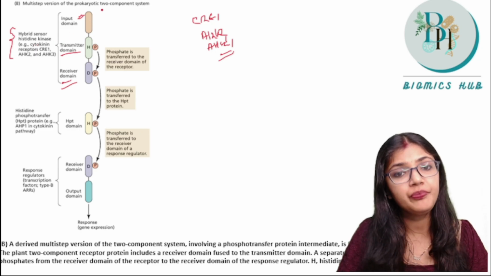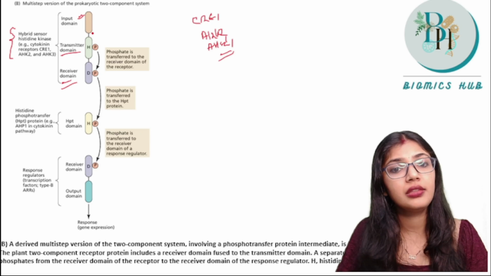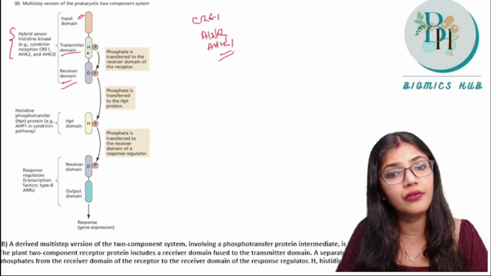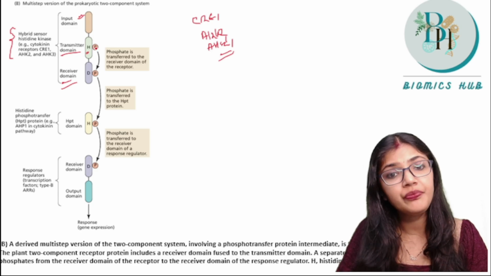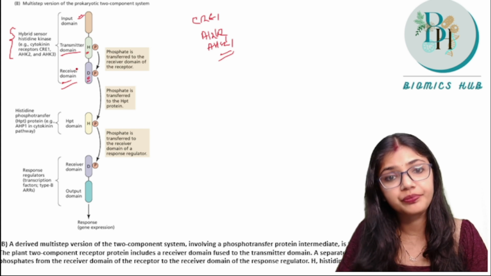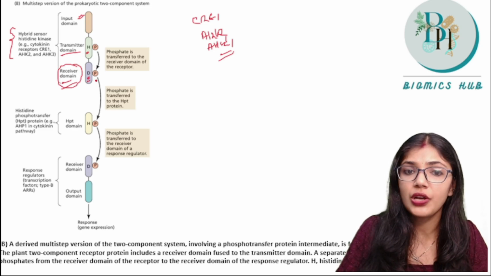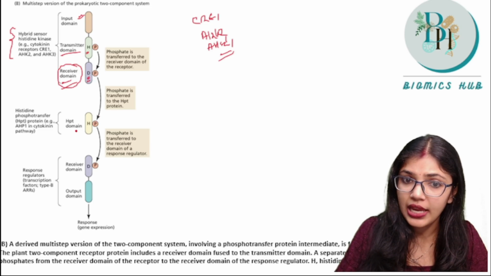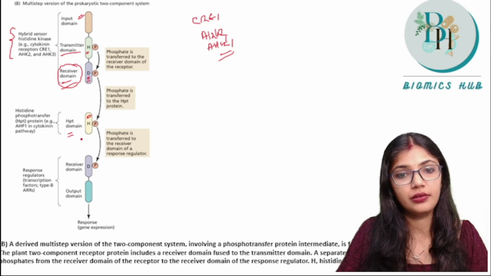After getting the input from cytokinin, in the presence of cytokinin, there is autophosphorylation of this histidine, and this is a kinase present over here. From this histidine, the phosphate is transferred to the aspartate which is present in the receiver domain. Then this phosphate is transferred again to the HPT domain which is carrying the histidine.